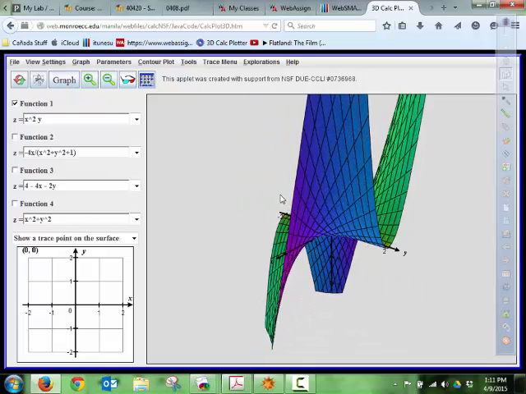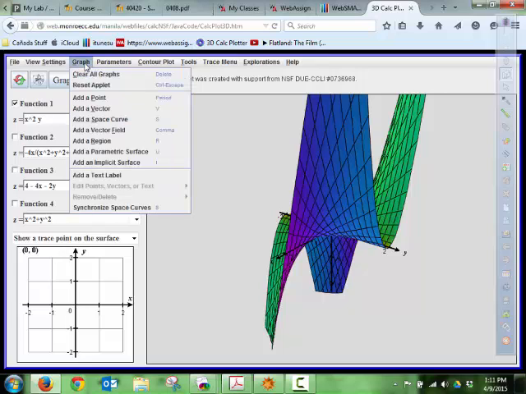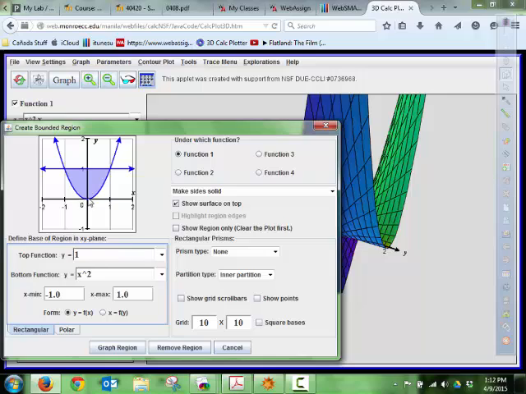And we wanted the domain to just be restricted to the half of the circle, right? And so if you look at an option here under graph, add a region. So you can describe your region by the top half of the function and the bottom half of the function, and then which function you are trying to restrict.